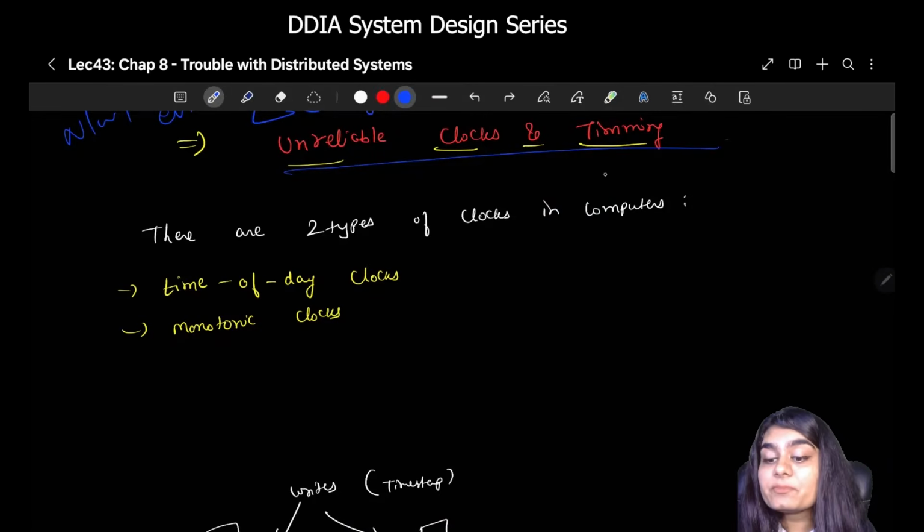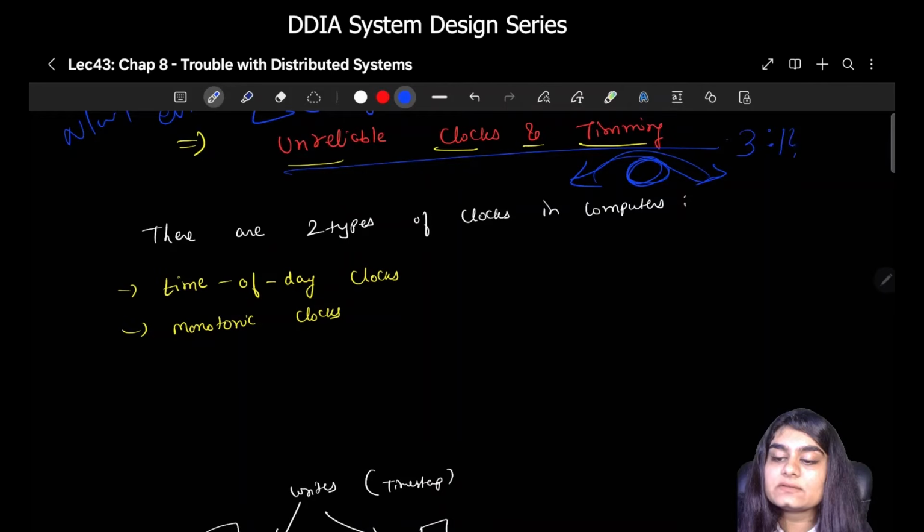A clock might jump forward or backward during the sync, or if the machine sleeps. For example, a server's clock time of 3 o'clock 14 minutes and 07 seconds could go backwards if NTP makes an adjustment.